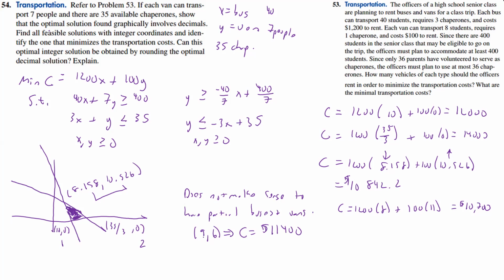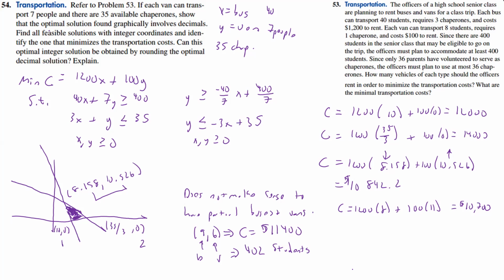Well, if we take 9 times 40, and then plus 6 times 50, that gives us 402 students can go on the trip. If we have that many buses and that many vans, that would give us 402 students that could go on the trip. So that's more than our 400, so that works.